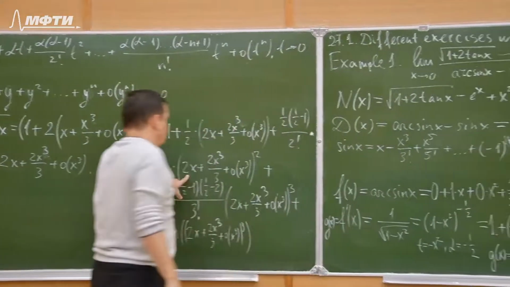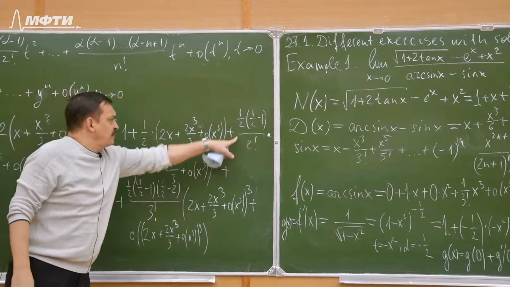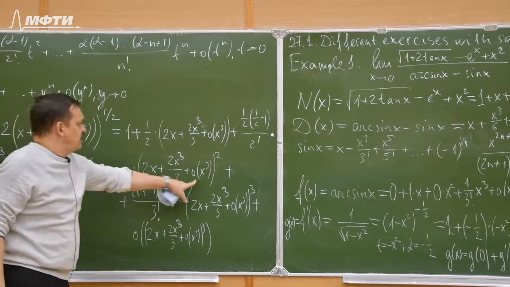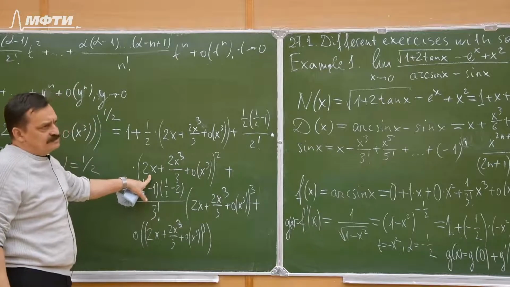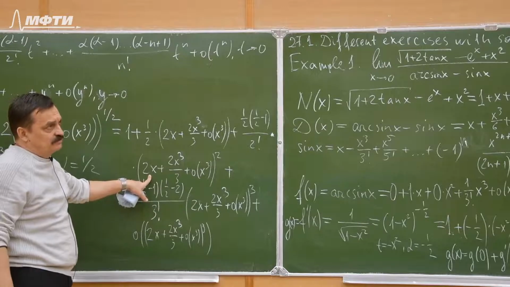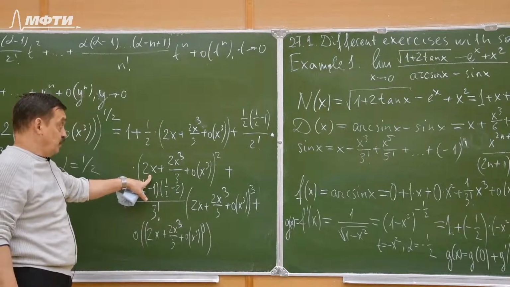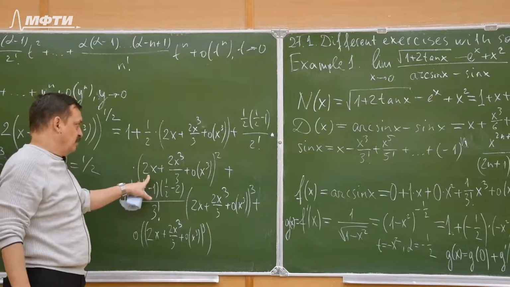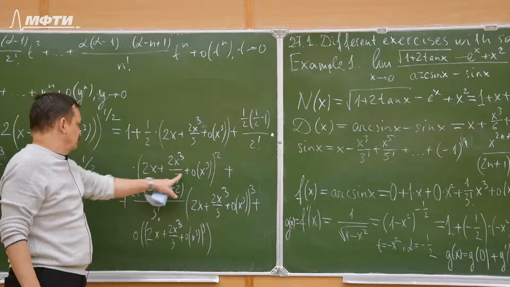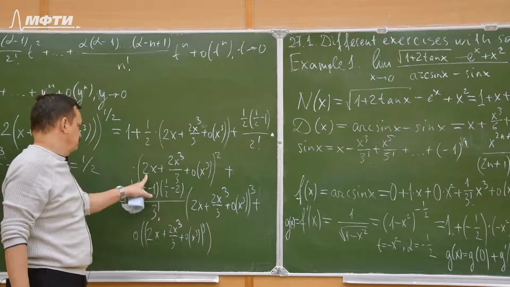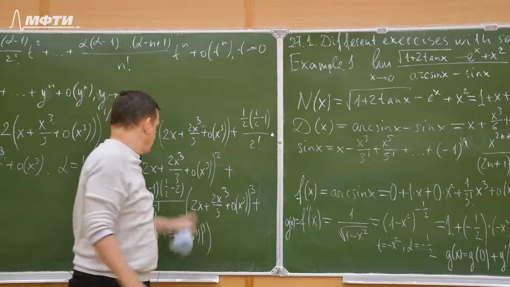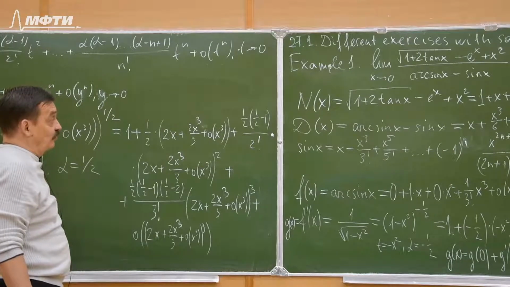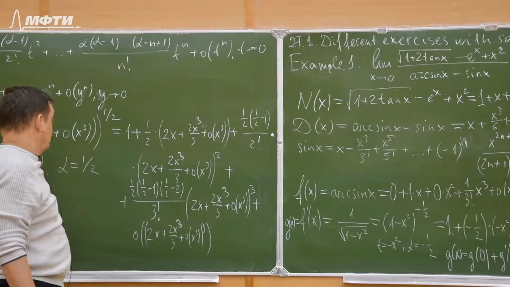Now, for the second term, we should take square of this expression, and we are interested only in powers no greater than cube. So if we take square of the first term is okay, but all other terms, including double product, are not necessary for us because they give larger powers of x, right? So what remains?